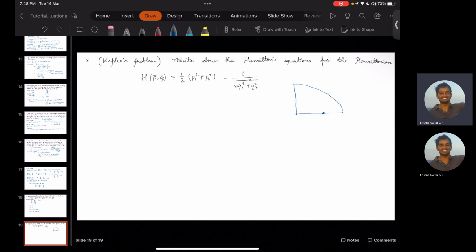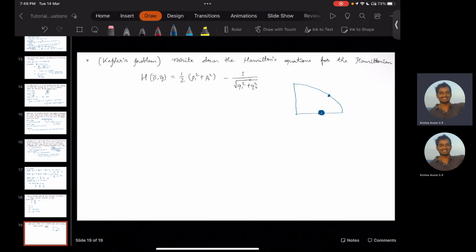The orbit of any space object is always an ellipse. So we are considering the motion of a body around the sun, which is located here, and a body is revolving around it along an orbit.